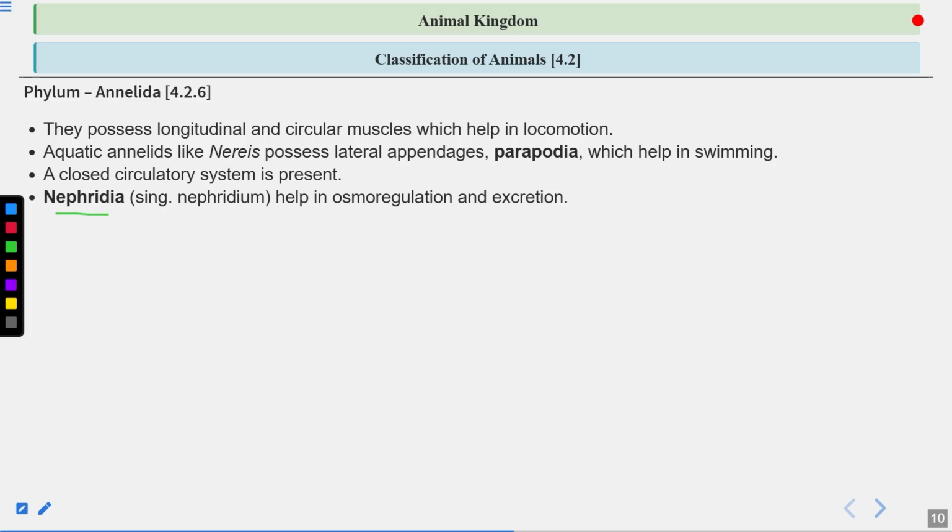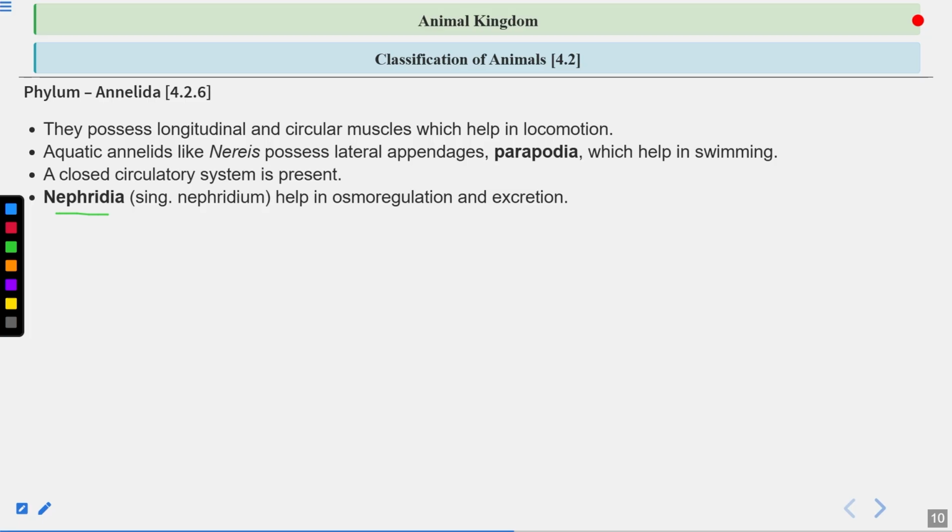Don't relate it as: if it is mesoglea, then it will be pseudocoelomate. It is a very different thing. Pseudocoelom is a cavity-like thing, but it is a false cavity because it has a mesoderm layer on one side only, not on the second side. So mesoglea is not there. They are triploblastic, but still they are pseudocoelomate.